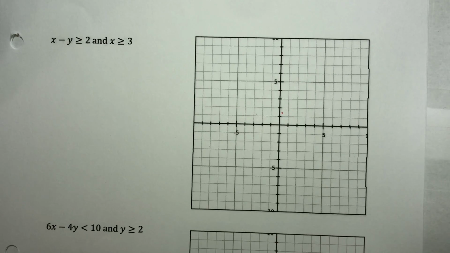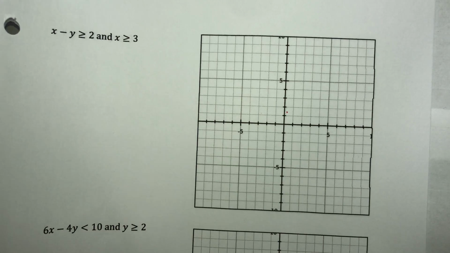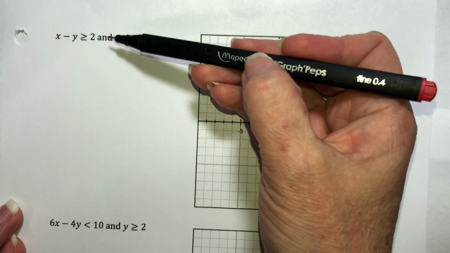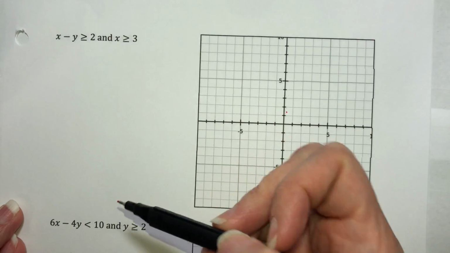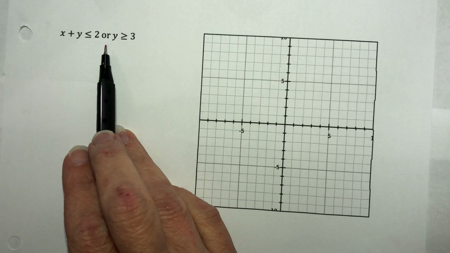Okay, now we're going to do some compound inequalities. You probably have done this at some point before, but chances are you've only ever worked them when you have an and in the middle. And we are also going to have an or problem. Okay?